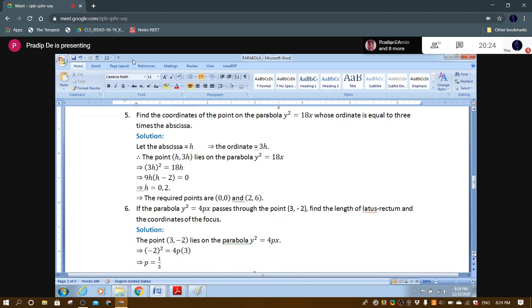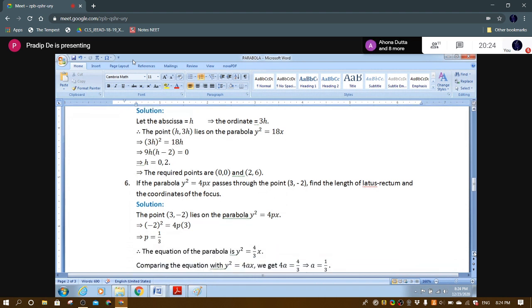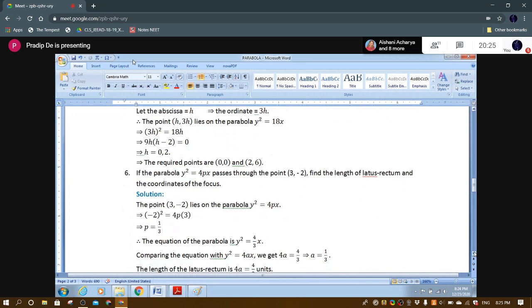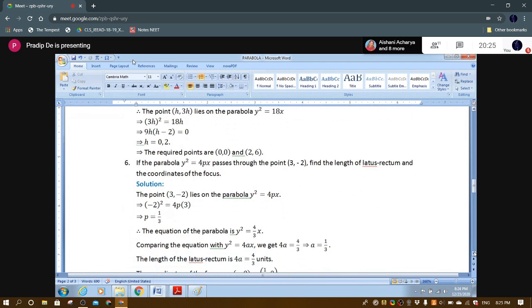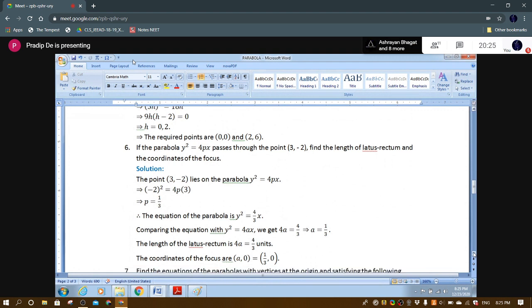That is the length of LR. So the length of latus rectum is 4 by 3 units. And because a is equal to 1 by 3, focus is at a, 0. That is 1 by 3, 0. Take it down.